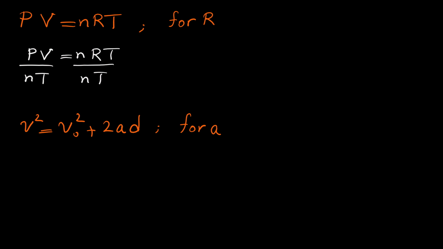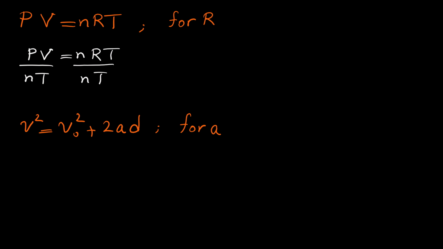Simply, we can find R in terms of the other variables. The reason that we divide both sides by nT is that we want to solve this equation for R. So we want to get rid of this n and T here. To get rid of n and T, we divide both sides by nT.